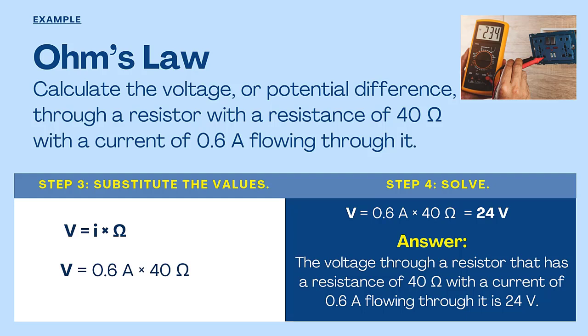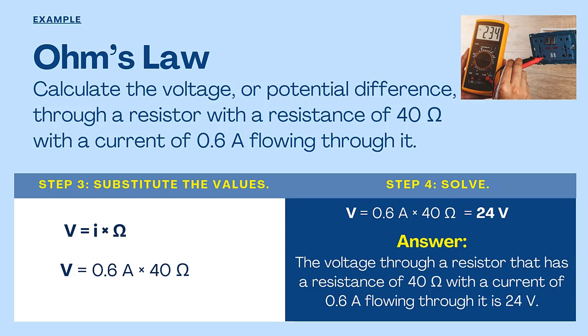So we can go to step 3. Substitute the values. V is equal to I into R is the formula. So that is V is equal to 0.6 ampere as I into 40 ohms as resistance. So we can solve the problem. Step 4.